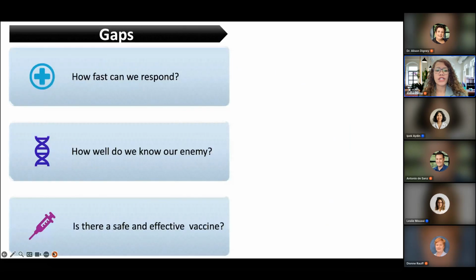As you can see, we identify different gaps in our community. How can we respond to different outbreaks or zoonotic diseases at hand? How well do we know the enemy? And is there a safe or effective vaccine on different zoonotic diseases in our country?